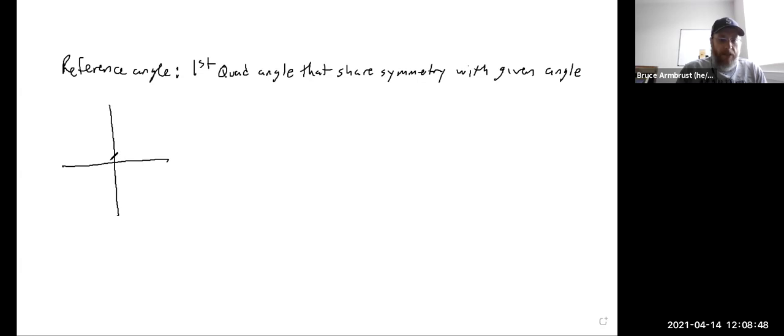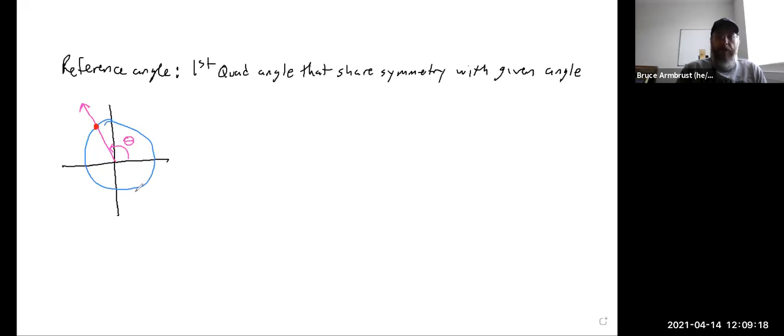Okay, so let's take a quadrant 2 angle, for example. So here's the terminal side of a quadrant 2 angle, and we'll just name it theta. So we've got a name for it. If you think about the unit circle, everything is determined by this point right here.